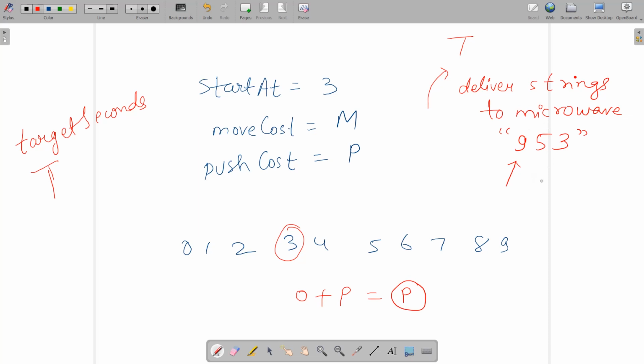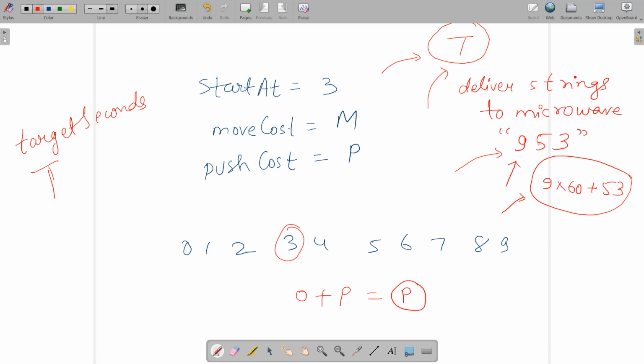So it will be 9 into 60 plus 53. This is the total amount of seconds that the microwave will run. But T is the targeted amount of seconds that the microwave should run. If this value is equal to capital T, then this string is valid, otherwise this string is not valid.